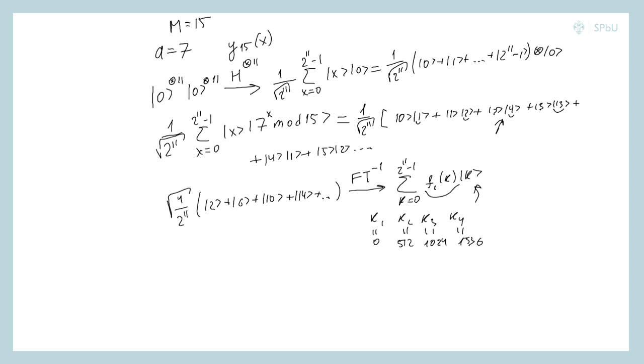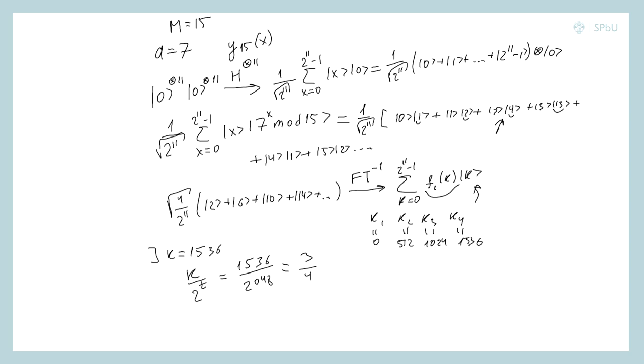Let, for example, k be 1536. Now we can calculate the ratio of k to 2 to the power of t. It's 1536 over 2048, and this is just 3 divided by 4.